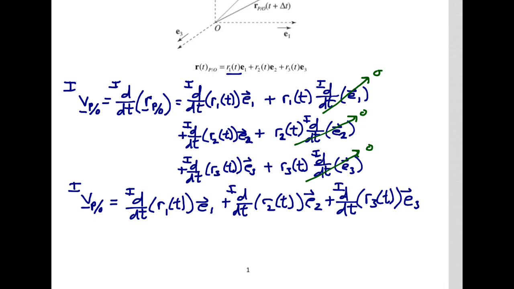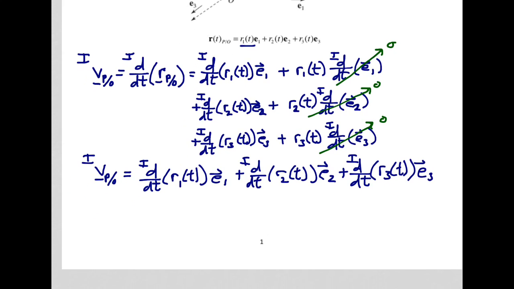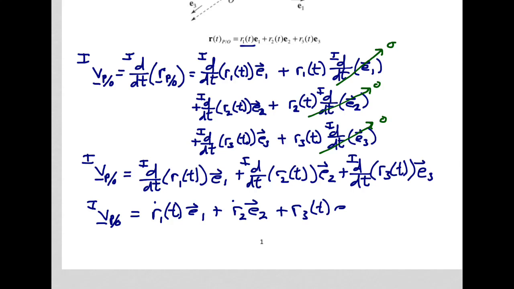And remember that whenever we take the differentiation of a scalar, it doesn't matter what reference frame we take that in. So our velocity, v of P with respect to O, in the inertial reference frame, is r1 dot in the E1 direction plus r2 dot in the E2 direction plus r3 dot as a function of time in the E3 direction.